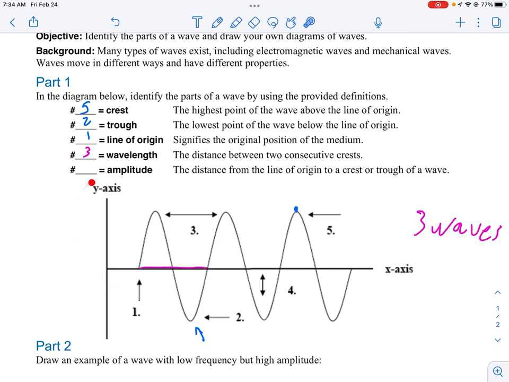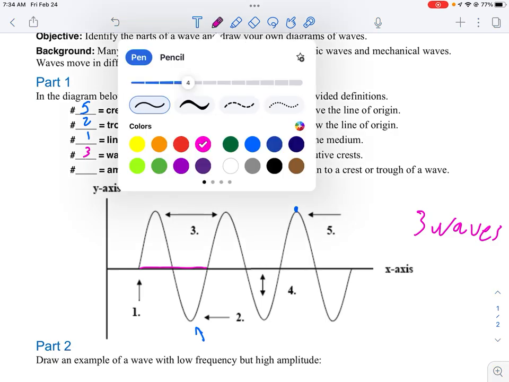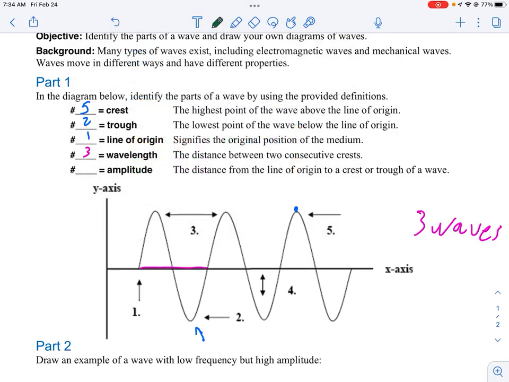All right, so then amplitude. So amplitude is what we have here on number 4. Let's do green. So amplitude is 4, and of course that's this distance, right? So notice that this is not the amplitude. It's not all the way from the top to all the way to the bottom. If you put that, you're going to get it wrong. So if we had some numbers here, like 5, 0, -5, the amplitude for this wave is just the distance here.